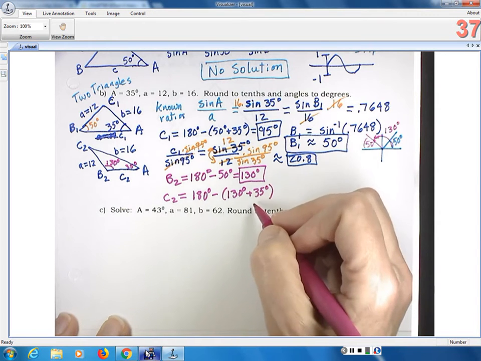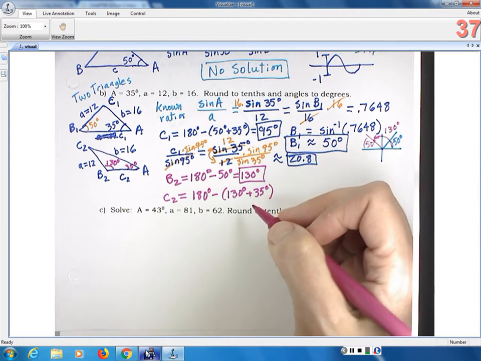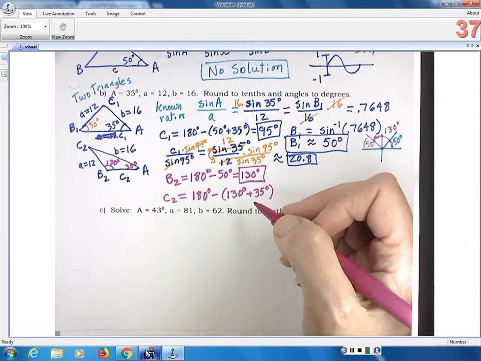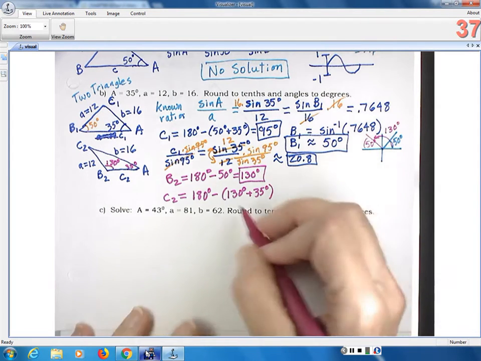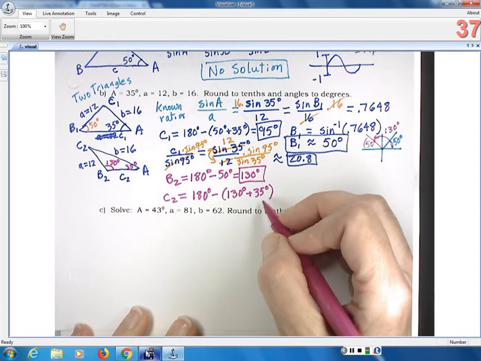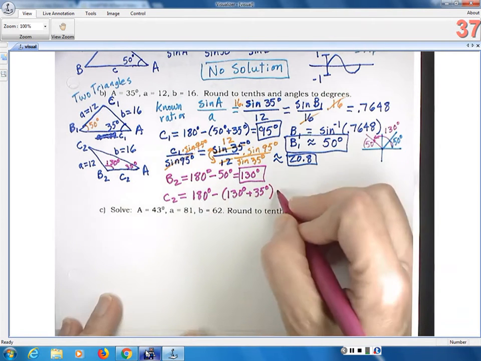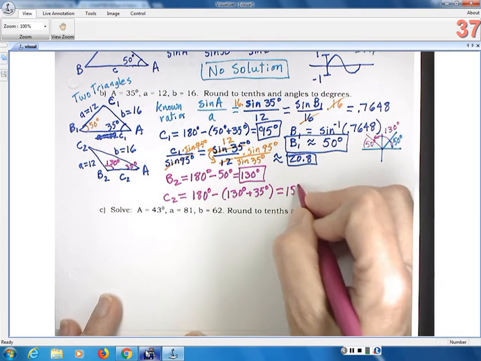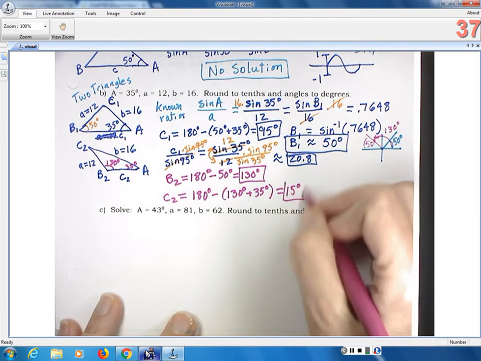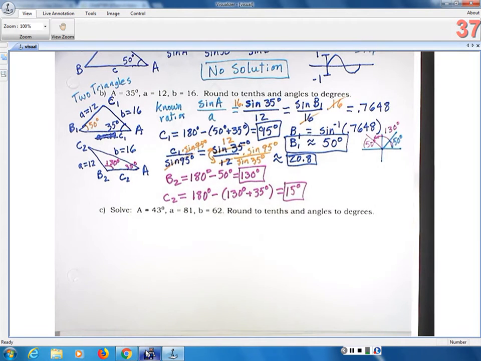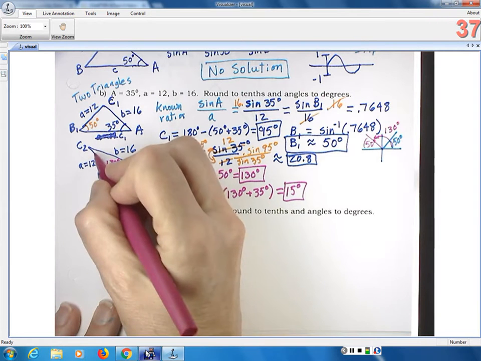Is that 15 degrees? 25? Is that right? 65? Oh yeah, you're right, it's 15. Okay, so angle C2 is 15 degrees.